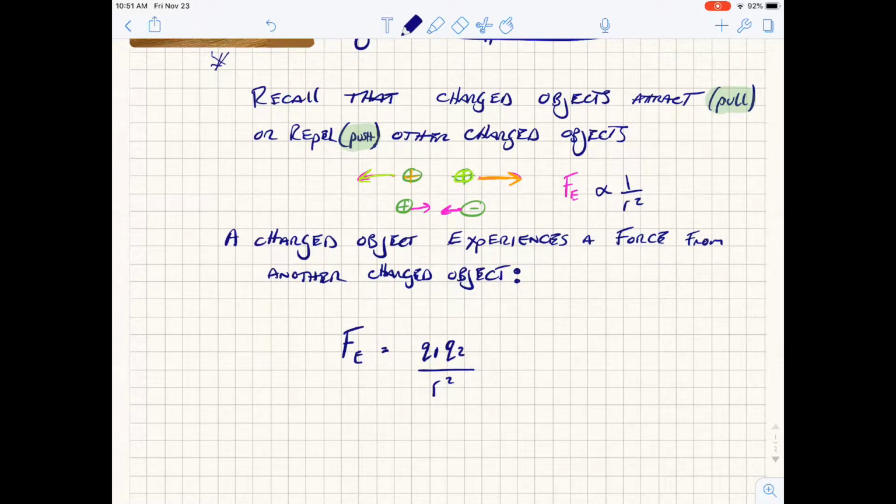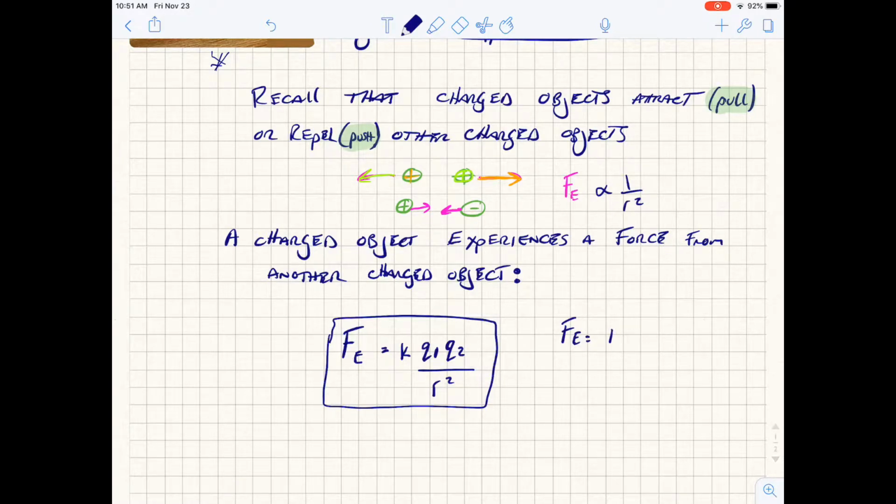Now there was a piece missing, of course, as there usually is, and if you recall the universal law of gravitation, there's a constant, and there is a constant as well for Coulomb's law. Let's define these terms for you here.